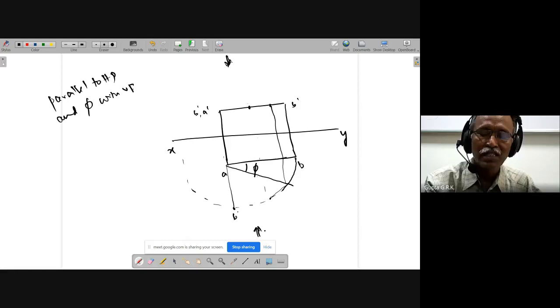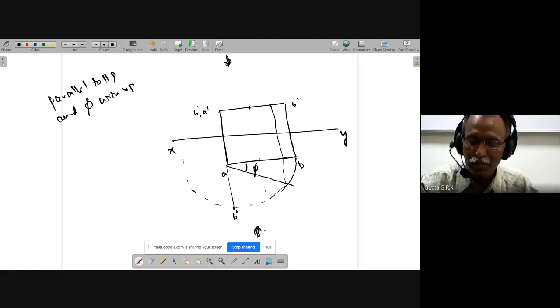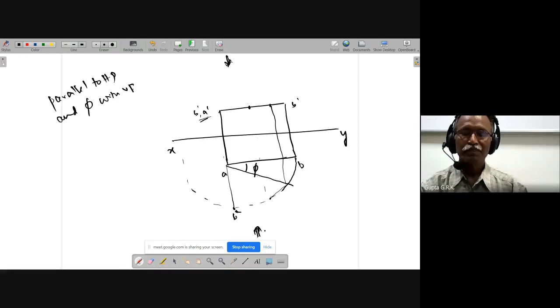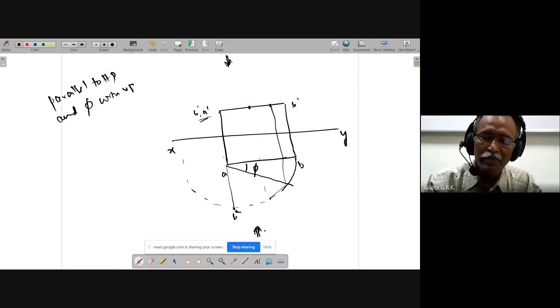When I am seeing from here, B dash is seen and A dash will not be seen. So B dash first and A dash later, like this.